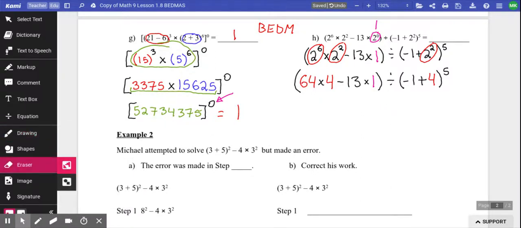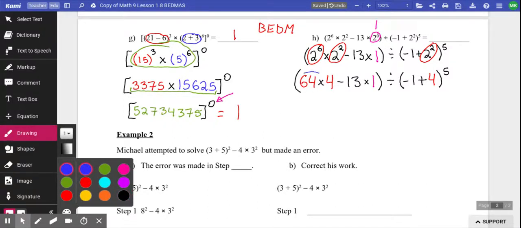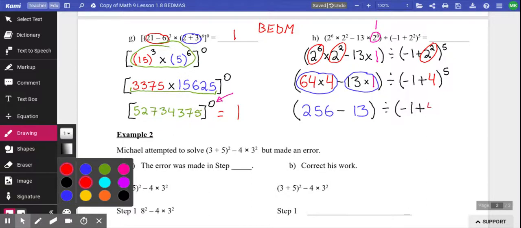So if I look inside the brackets, I have a multiplication right here, a multiplication right here, and those are the only two I should be calculating. 64 times 4 should be 256. Minus 13 times 1 should be 13. Bracket divide by bracket, negative 1 plus that 4 is still there, to the power of 5.